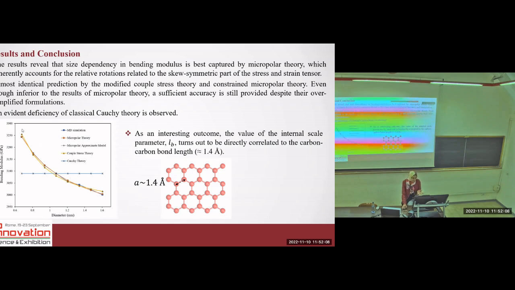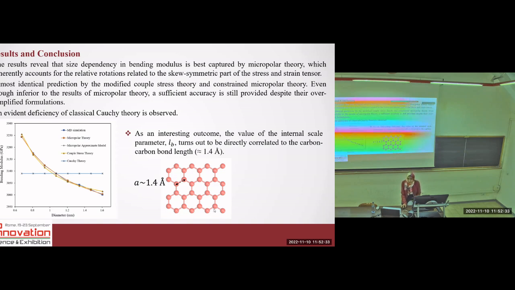But the fact is that we have the relation for this, and it completely matches the continuum relation. And when it matches, the curve goes flat at larger diameters. Of course, if we plot the whole curve for the micropolar theory, we can understand where it is going to become completely flat.